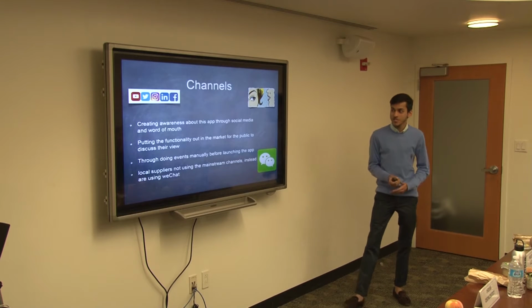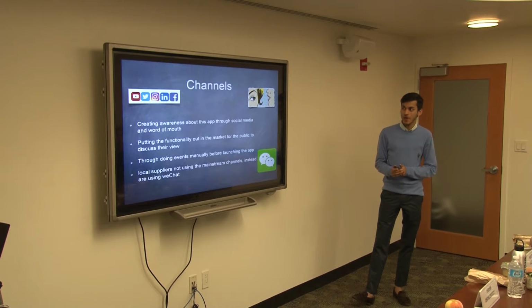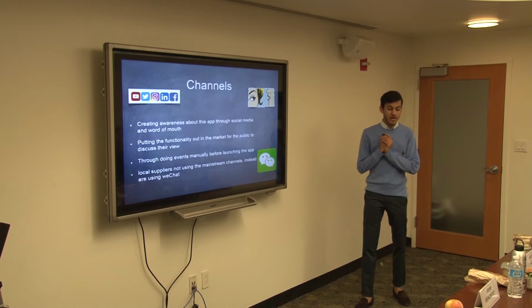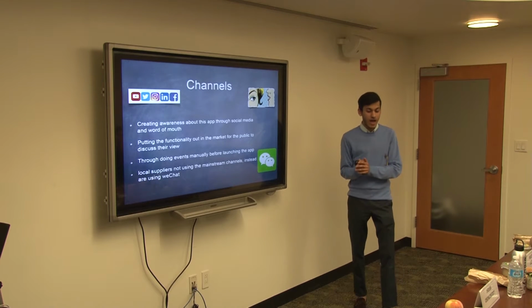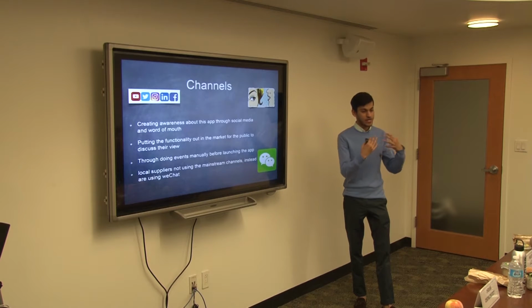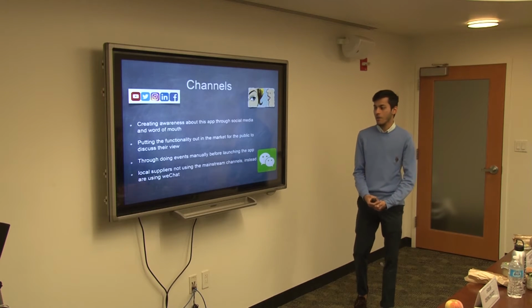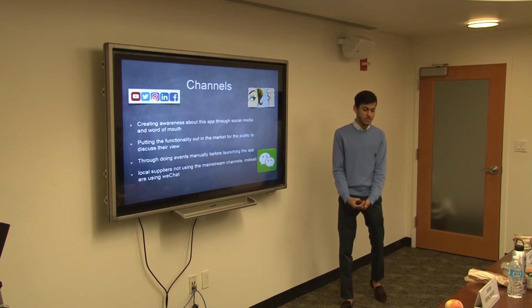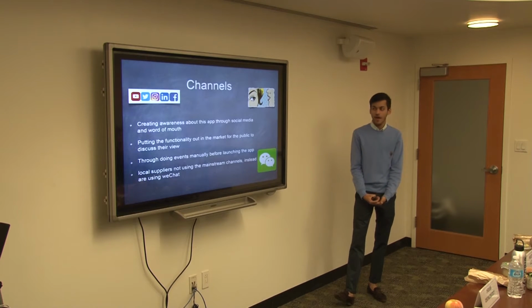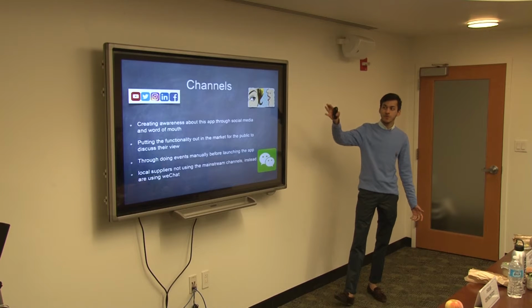There are different channels that I have to market through. One of the things that I did not look into was how I will get the suppliers to actually get on board with this app. A lot of local suppliers in Hong Kong don't actually use the mainstream platforms like Facebook or Instagram.